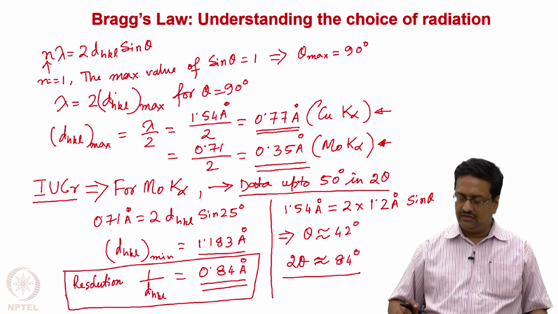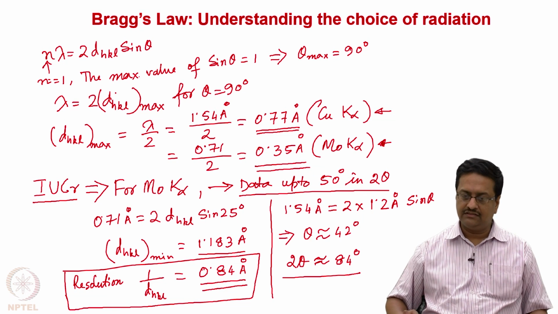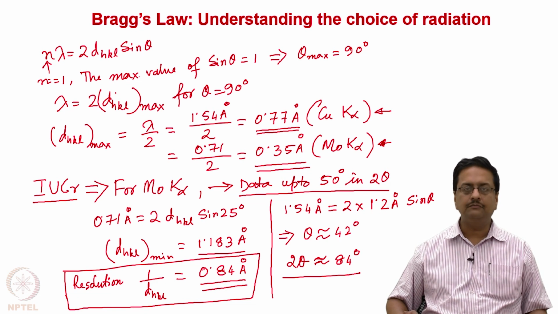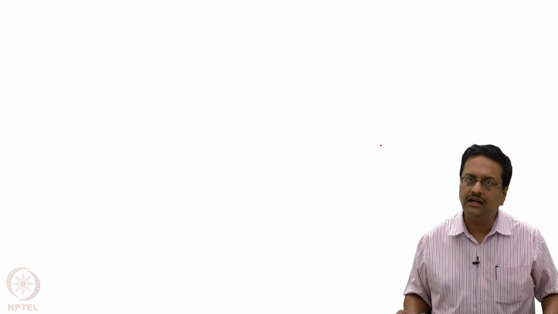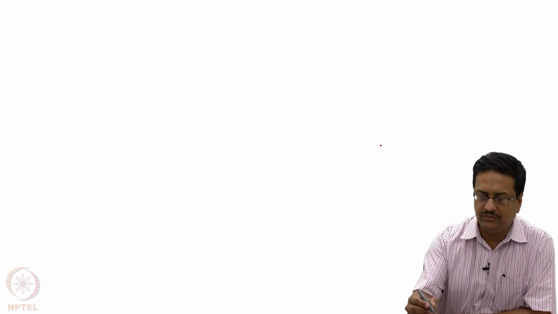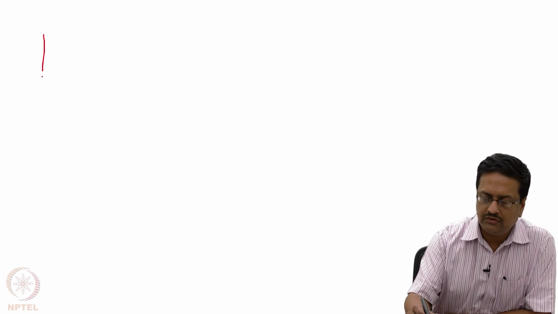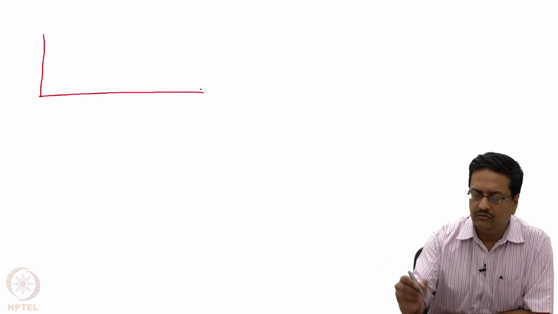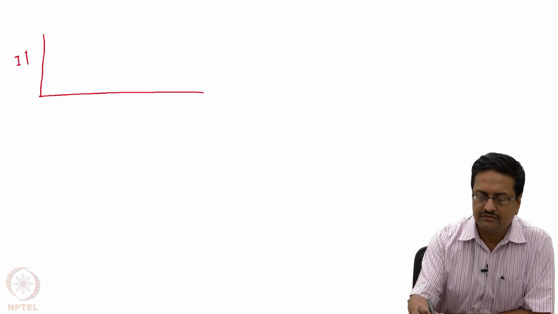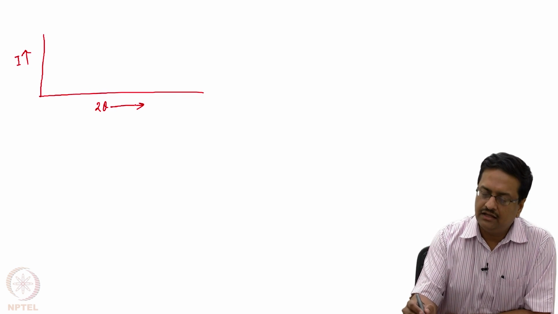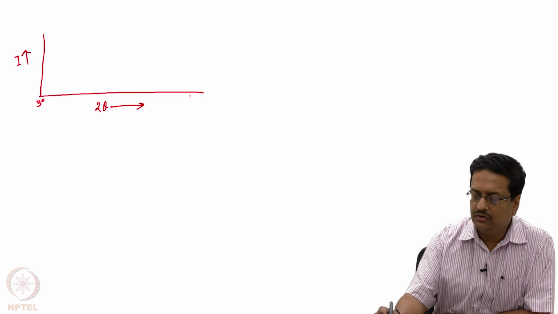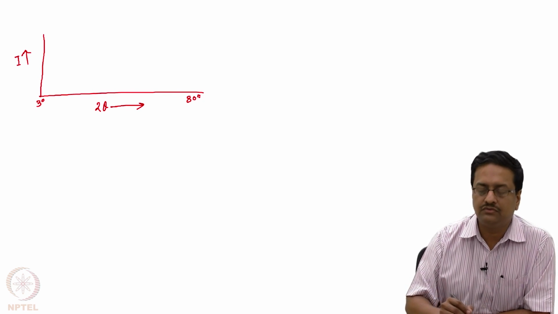So with this, I would like to continue in this lecture and see what happens if we use these different radiations for different purposes. Suppose we are doing a powder X-ray diffraction experiment where we record PXRD data, which we generally obtain as an intensity versus 2 theta plot, from something like 3 degrees to 80 degrees in 2 theta.